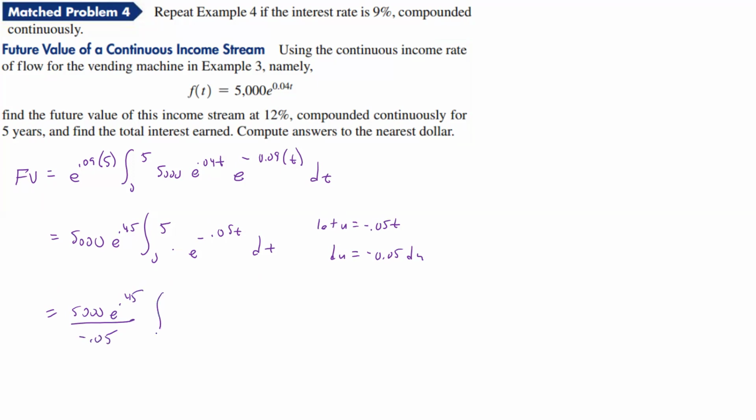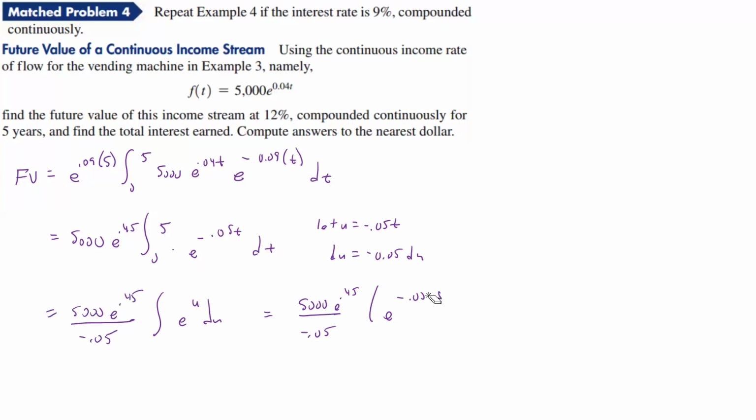And now we have the integral of e to the u du. Well, we know the integration of that is just e to the u. So now we have 5,000 e to the 0.45 over negative 0.05 times e to the negative 0.05 times 5, because we evaluate it. Maybe we shouldn't jump ahead.